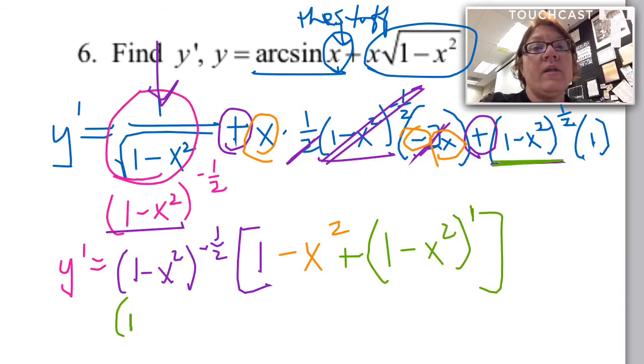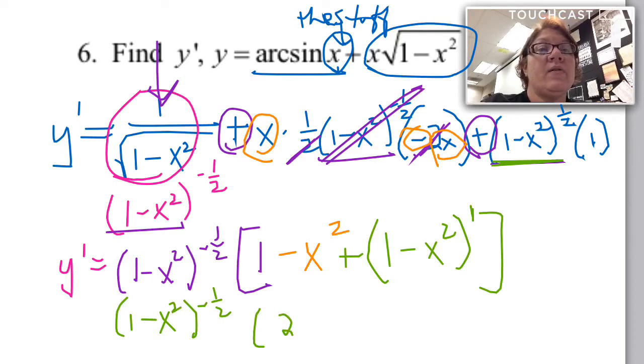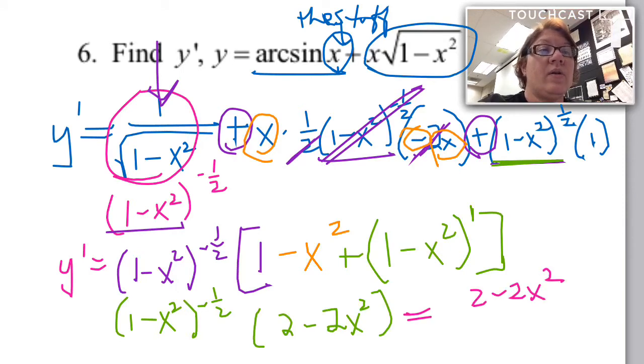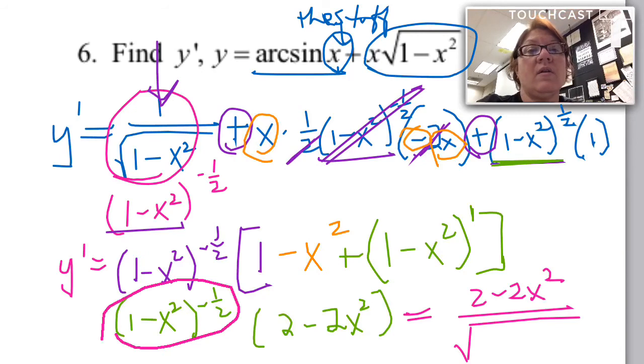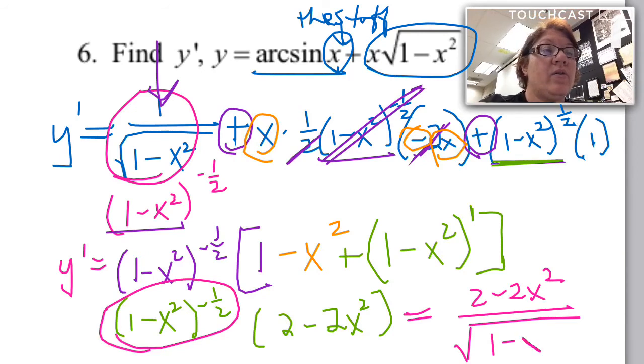And so now, inside the brackets, I can simplify to 2 minus 2x squared, and then if I don't like the negative exponent, I can rewrite, and I'll have 2 minus 2x squared on top, and I can even get all fancy and put this back in the radical on the bottom. And there's my final answer.